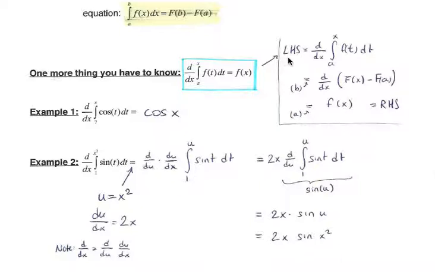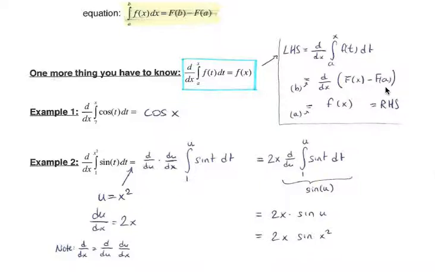The left-hand side is d dx integral from a to x of f of t dt, a being a constant number. Any constant is fine. By using the second part of the fundamental theorem of calculus, I find that this integral here is actually capital F of the upper limit minus capital F of the lower limit.